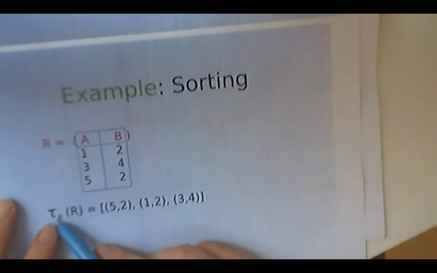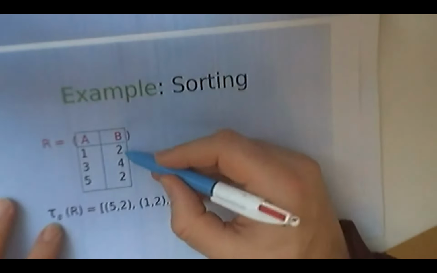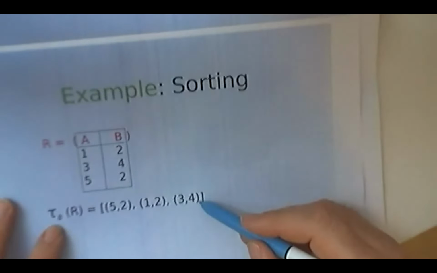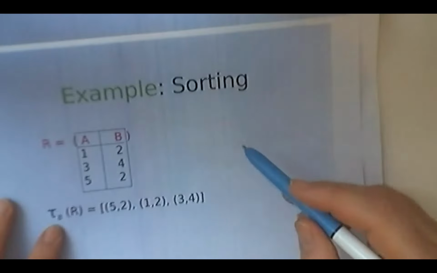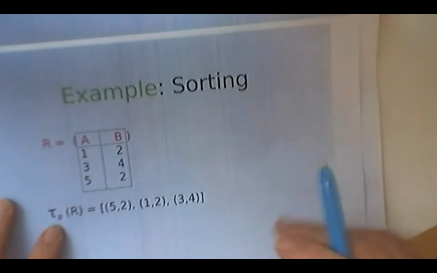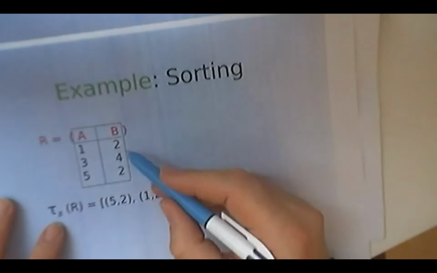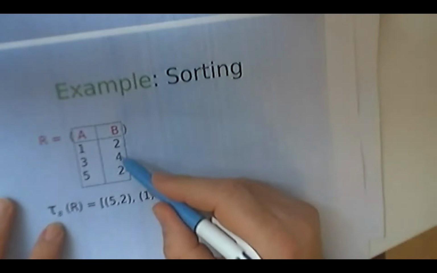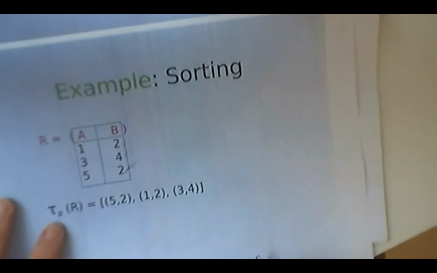Then we do the tau operator where we're sorting on B. So we're sorting in ascending order on B. It grabs this one arbitrarily first, then it grabs that one, and then that one. And that's doing the sort there.